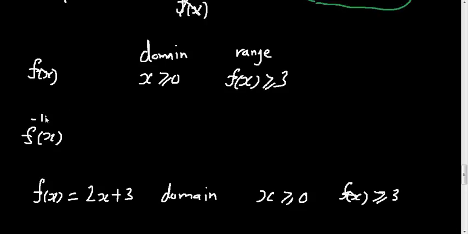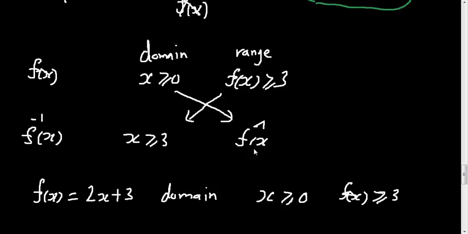What happens to the inverse function? When you do the inverse function, the range of the normal function becomes the domain of the inverse function, and the domain of the normal function becomes the range of the inverse function. That's how it works out.